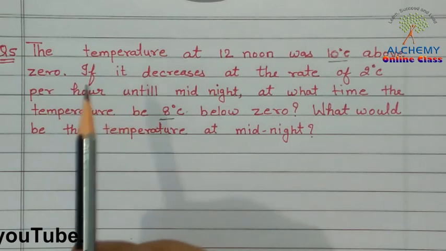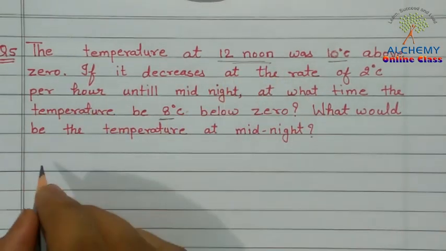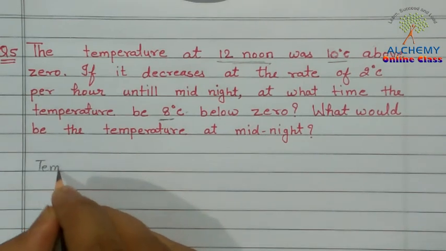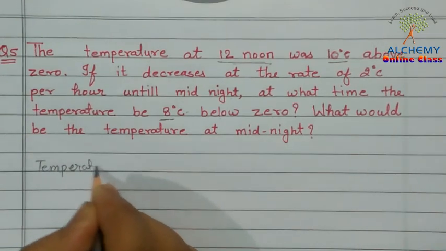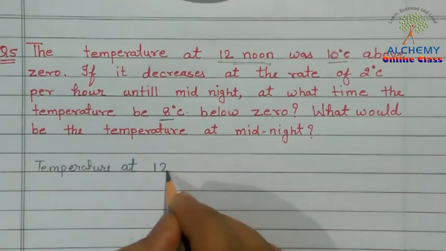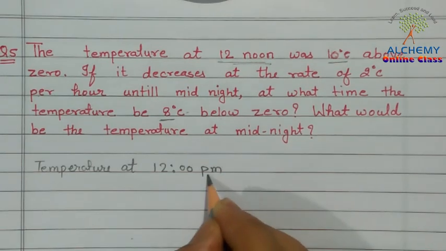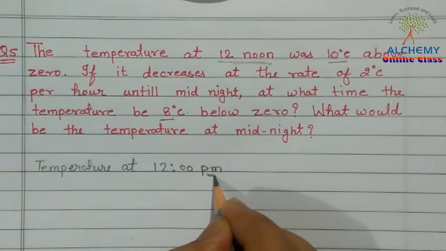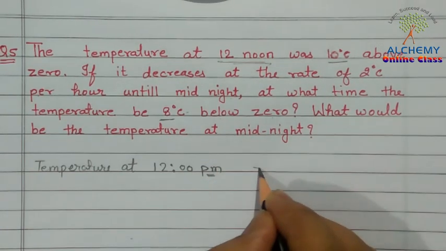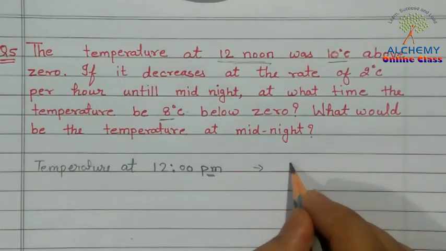Okay, so what was the temperature at 12 noon? So we can say here temperature at 12 PM. PM is represented for 12 noon. So what was the temperature? It was 10 degrees Celsius above the zero.